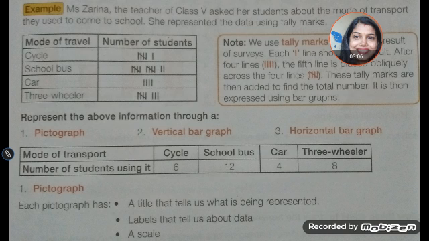Whatever tally marks are in the tabular column are represented in terms of numbers. Looking at the number of students, 6 students travel by cycle, 12 students travel by school bus, 4 students come by car, and 8 students come by three wheeler.